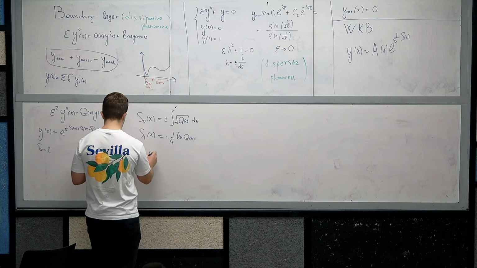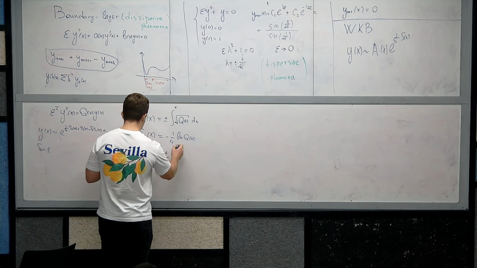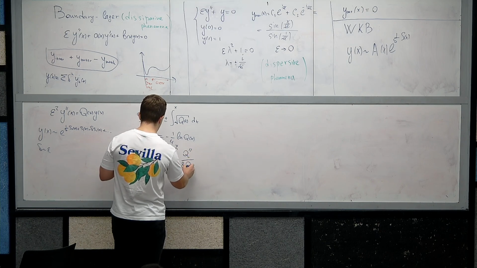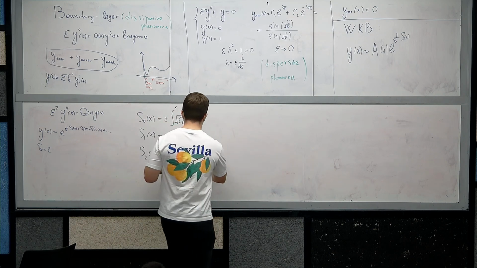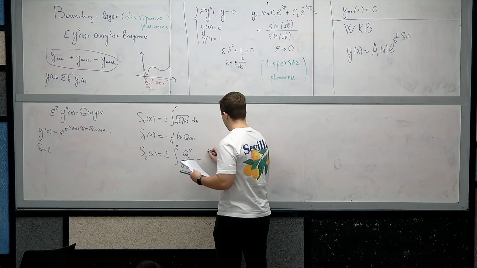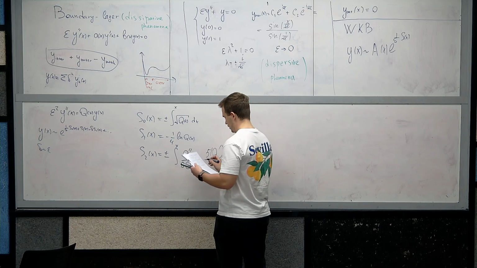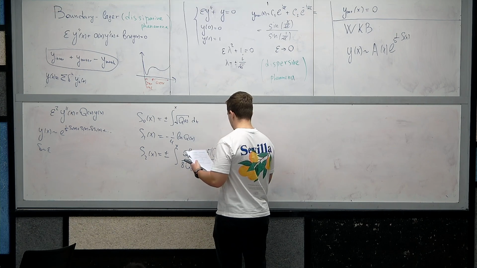Okay. And s2 of x is plus or minus the integral of q double prime divided by 8 q to the 3 halves, minus 5 q prime squared divided by 32 q to the 5 halves.